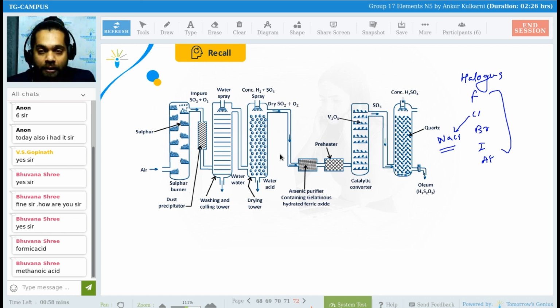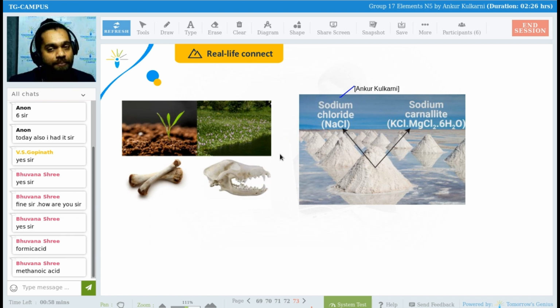The salt that we have at home? From the sea, correct? From the sea water. Correct. So we evaporate that, we purify that, and we get the salt. So sodium chloride.